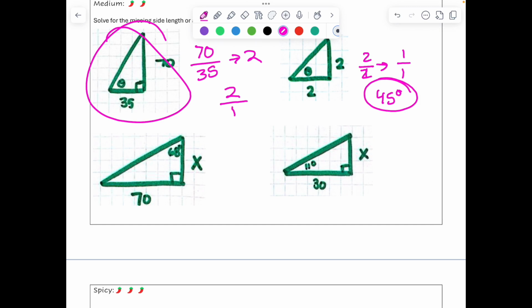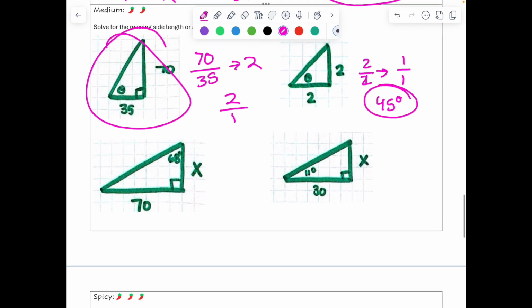Here, 68, we have to be careful. The other angle would be 22. So this is actually for a 22-degree angle, right? It's always the angle that's down here. And the ratio for a 22-degree angle is 2 over 5.